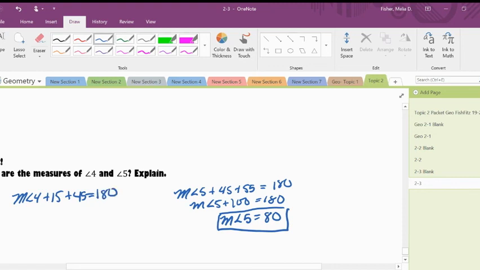And 15 plus 45 is 60, so the measure of angle 4 plus 60 is 180. Subtract 60 from both sides, and the measure of angle 4 is 120.